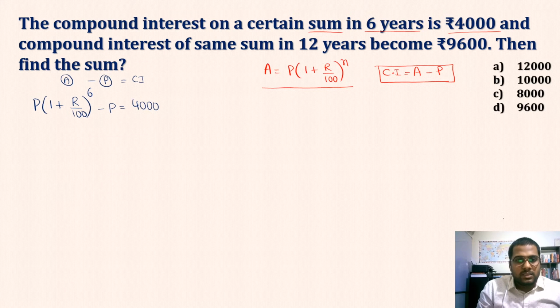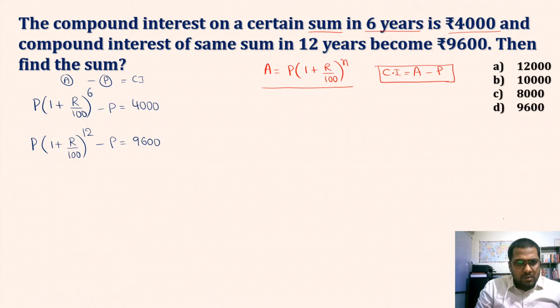And the second condition: compound interest on the same sum, same principal, in 12 years, P into (1 plus R by 100) whole power 12 minus P, is giving me compound interest 9600.